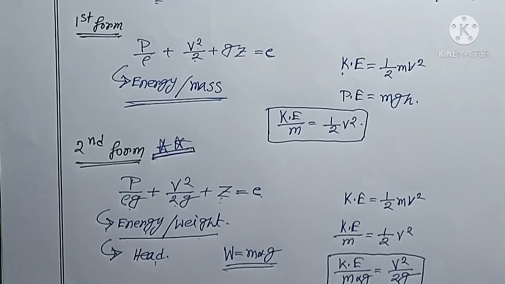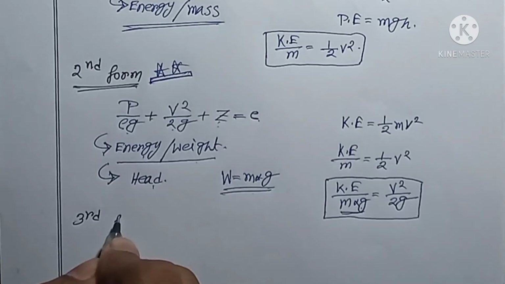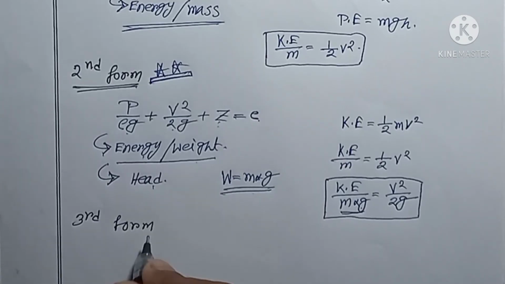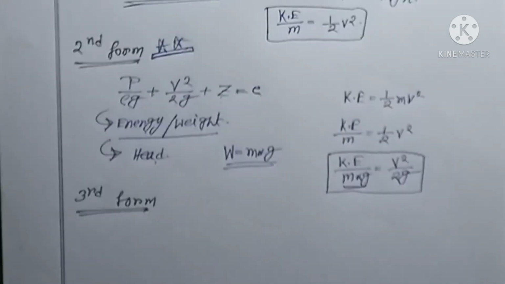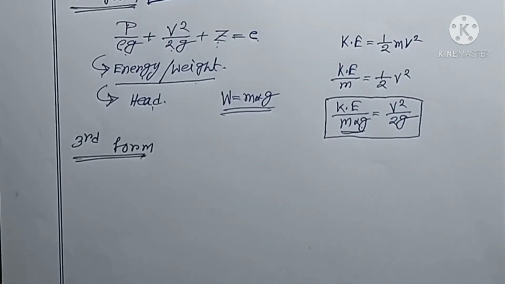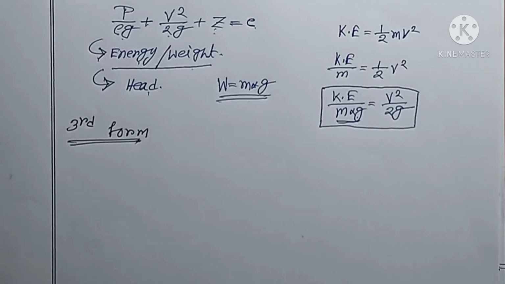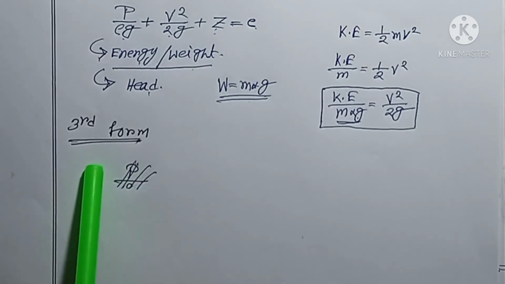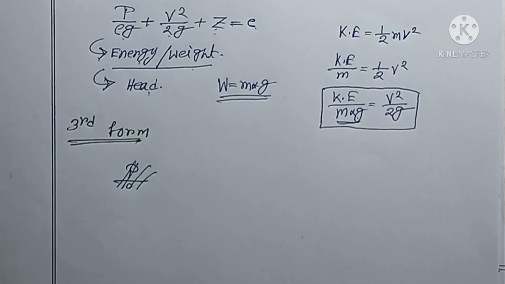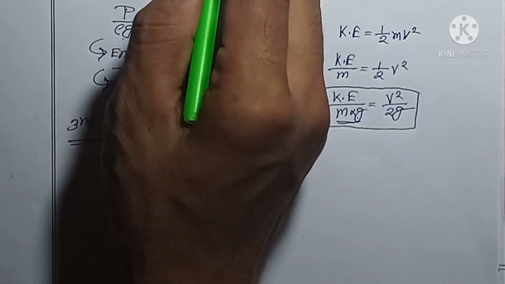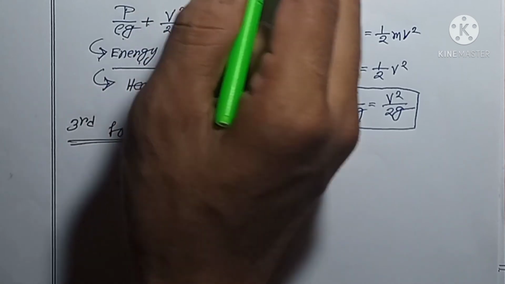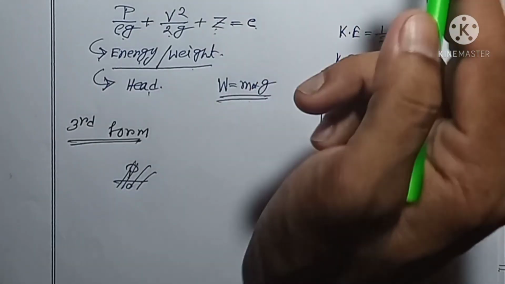Next, take a look at the third form. Let's take a look at the third form of Bernoulli's equation. So we have p by rho plus v square by 2 plus gz is equal to C as the common form of the Bernoulli's equation.